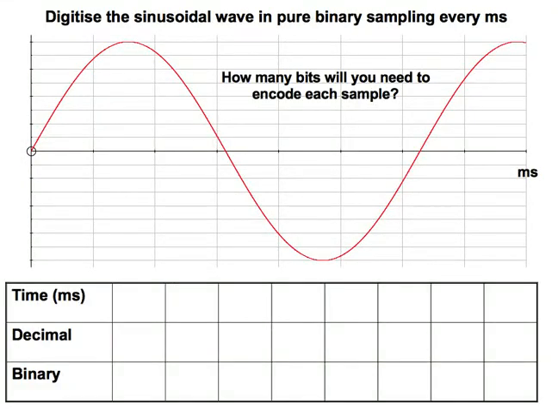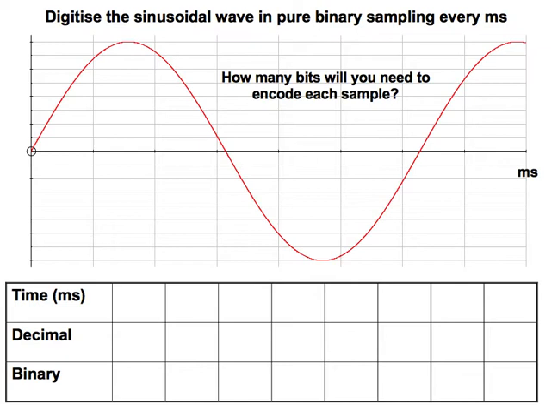Right then, here we go. Have a look at this example. You've got a nice analog sinusoidal wave, and at each sample time, you need to capture the value of the wave and put it into that table there.